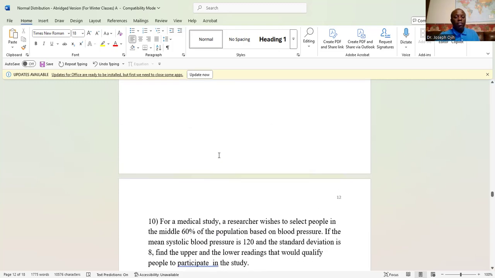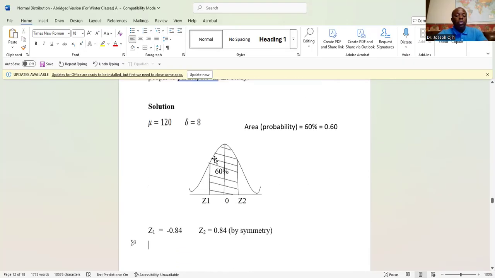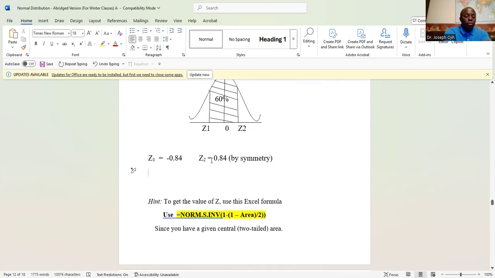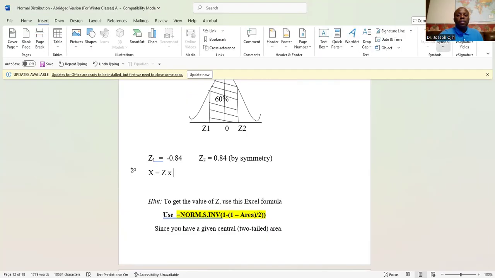Again, we're still using the same formula, X equals Z times standard deviation plus the mean.